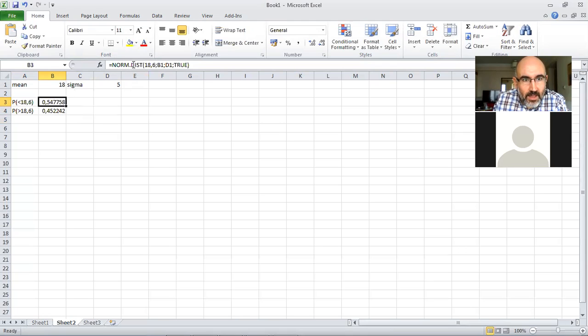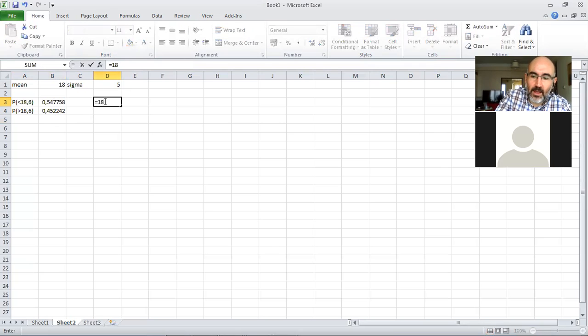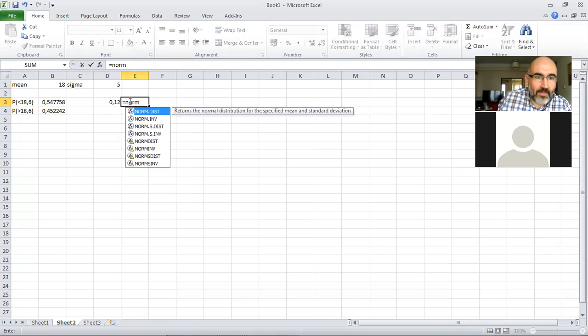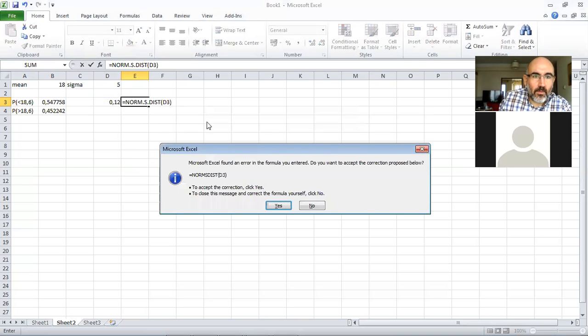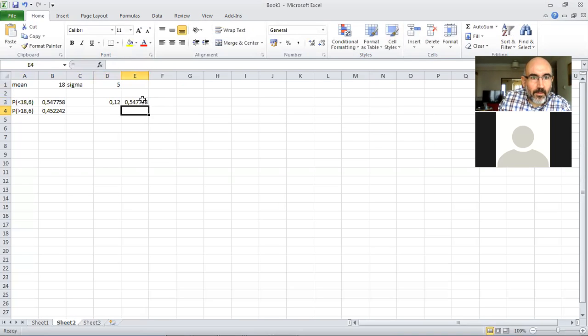If you want to use the norm.s function, you first need to standardize by 18.6 minus 18, divided by 5, and then you can use the norm.s.dist function. That gives you the same answer.